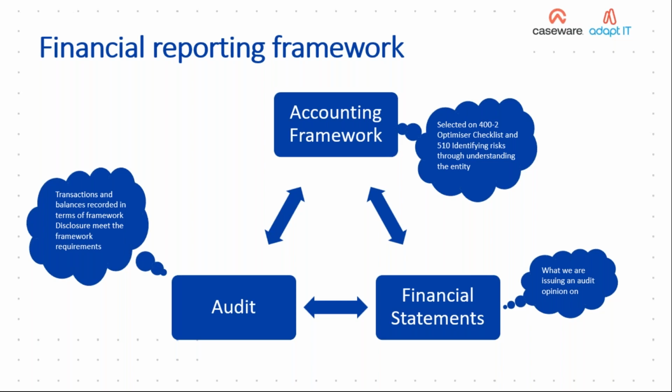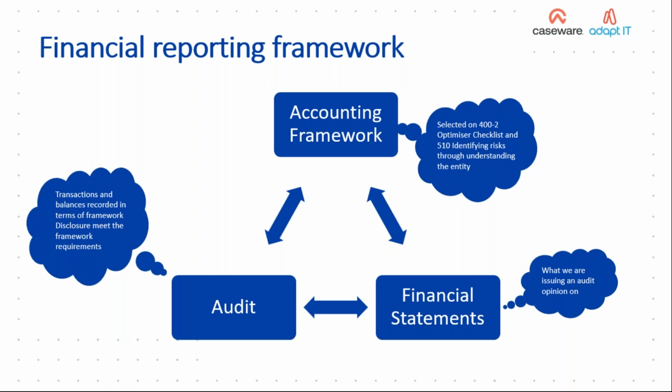So our audit will incorporate what the accounting framework says should be done. For instance, in our case today, cash and cash equivalents sits under financial instruments. What does the financial instruments standard tell us about how to classify the cash and cash equivalents, how to account for it, how it must be presented, and the additional disclosures which may be required? We then audit the financial statements and make sure they are compliant with what is in the accounting framework. Right.